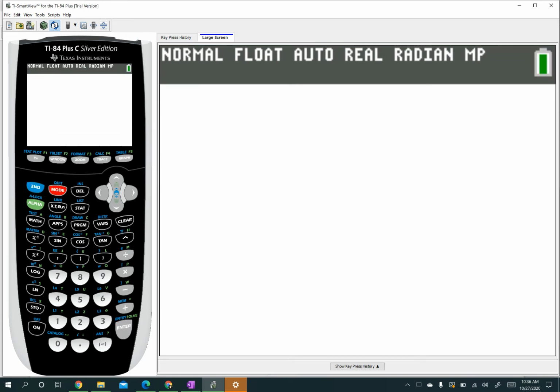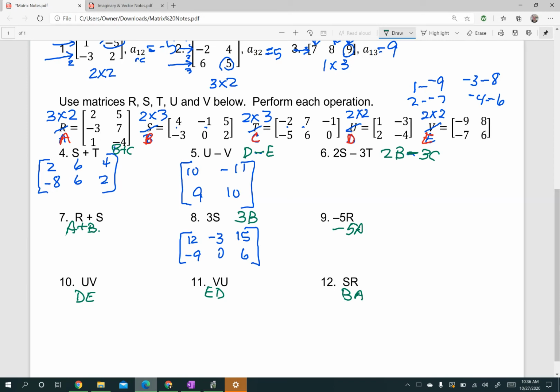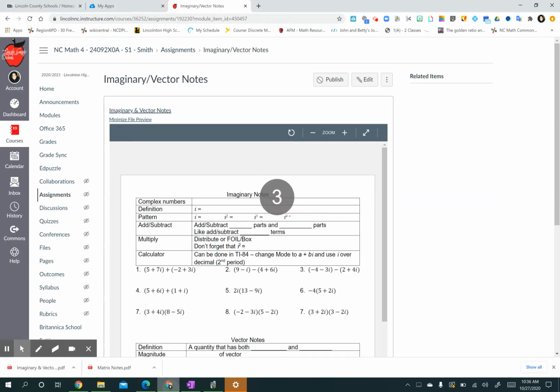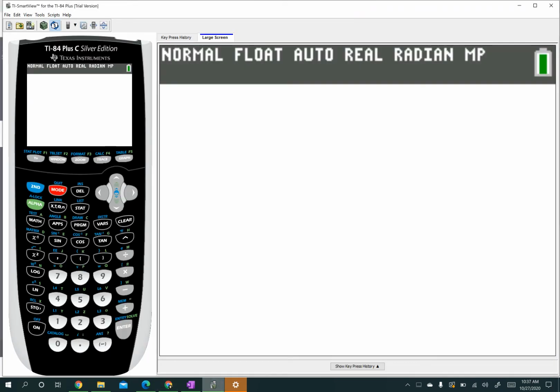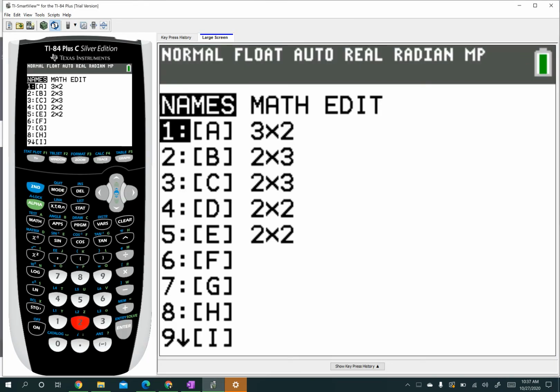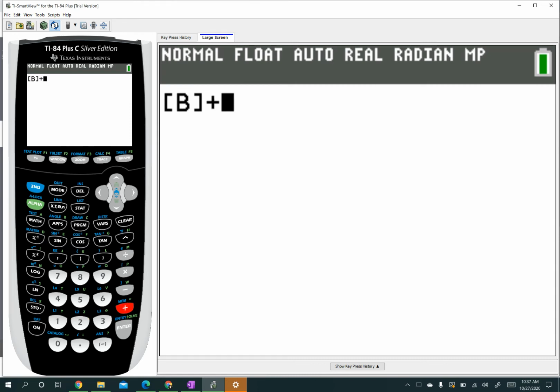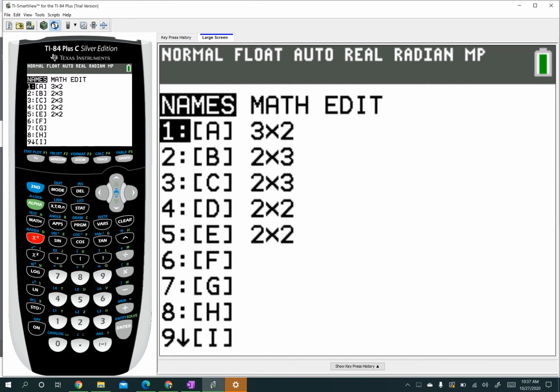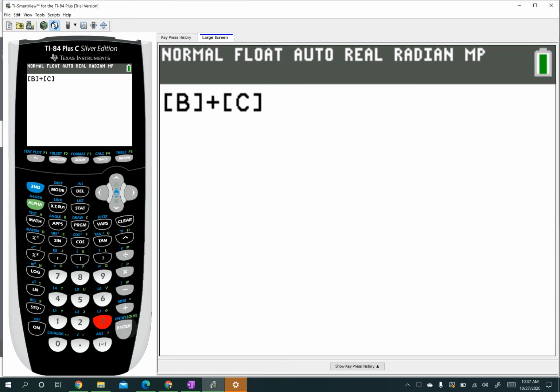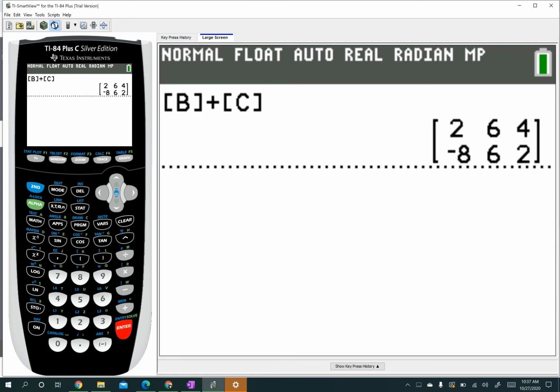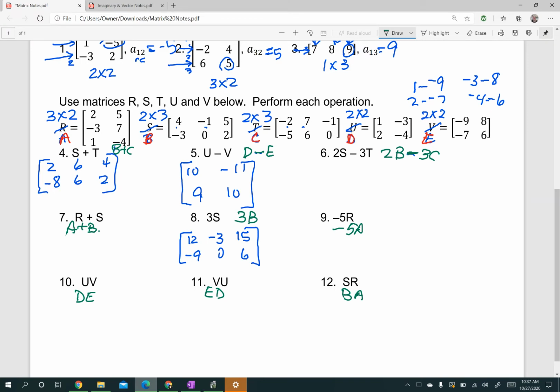So then we would just put in exactly what we see here. So B plus C, we would put in second matrix. We want matrix B plus second matrix. We want matrix C. And when we do B plus C, we get 2, 6, 4, negative 8, 6, 2, which is what we got here.